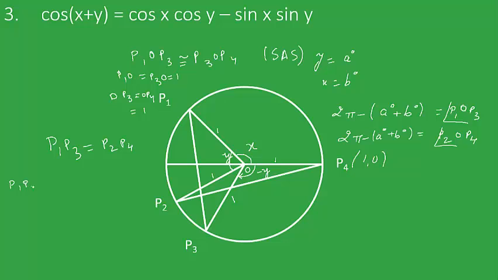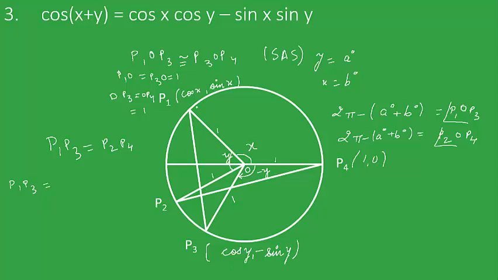P1 is equal to cos x comma sin x, and P3 is equal to cos of minus y, which, according to the earlier property, is cos y, comma sin of minus y, which is equal to minus sin y.